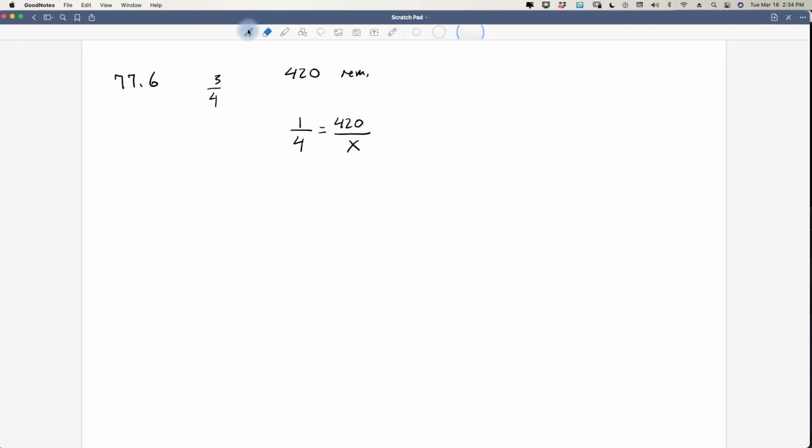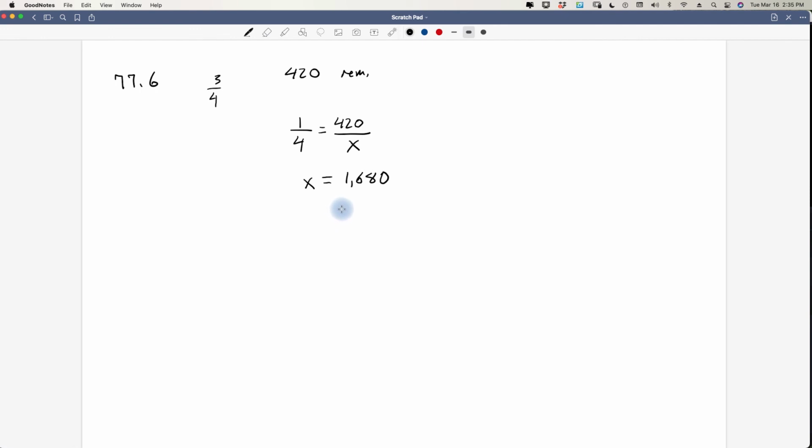So let's do the cross multiplication. We have 1 times X equals X. And 4 times 420 is 1,680. So the total number of tickets was 1,680.